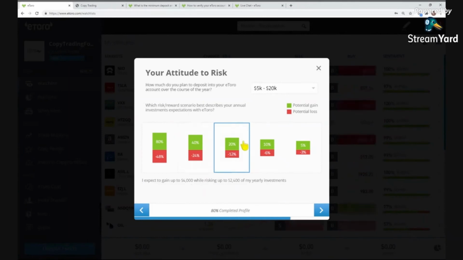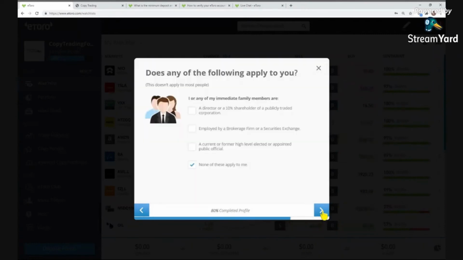So that's saying I'm going to gain 20% and I'm willing to risk up to 2,400 of the total 20K that's there. Okay, so they're going for the high end number there. So if I put in 20K, I'm looking to gain 4,000 and I'm willing to risk 2,400. But you can just fill out these, click next.